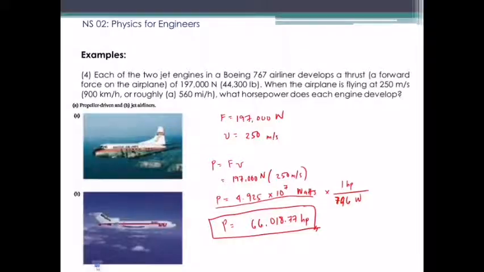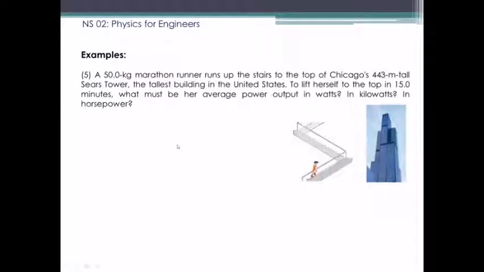Another example, a 50-kilogram marathon runner runs up the stairs to the top of Chicago's 443-meter tall Sears Tower, the tallest building in the United States. To lift herself to the top in 15 minutes, what must be her average power output in watts, in kilowatts, and in horsepower?